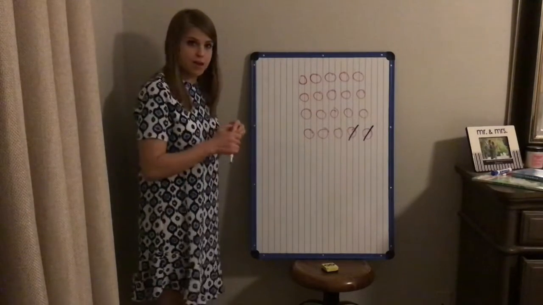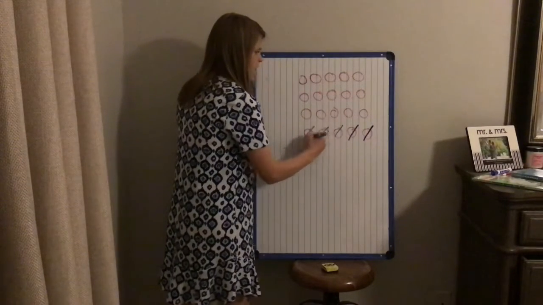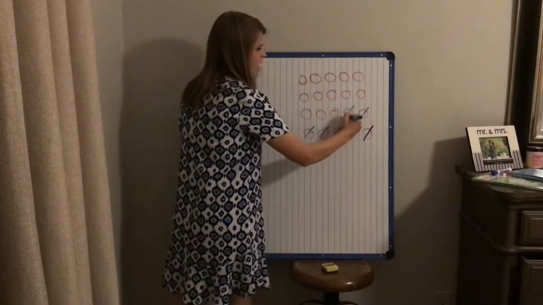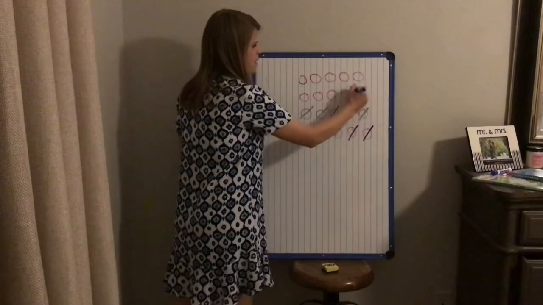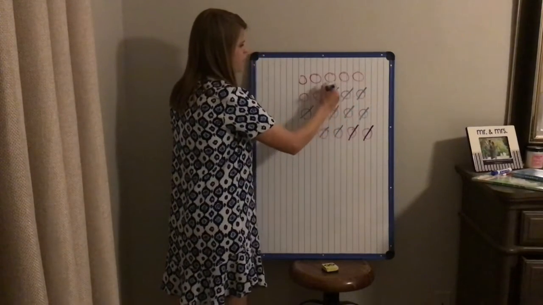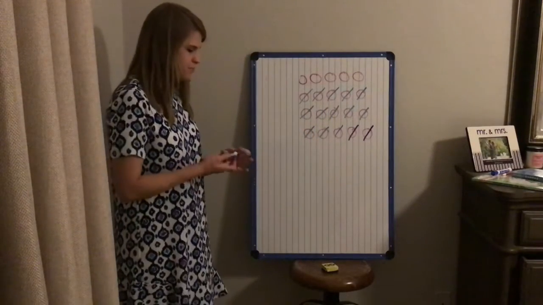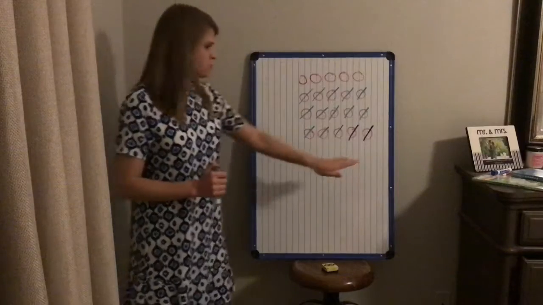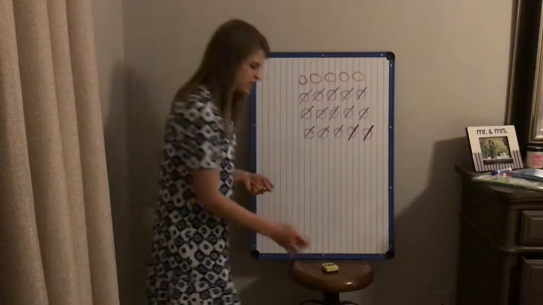So count with me. Are you ready? 1, 2, 3, 4, 5, 6, 7, 8, 9, 10, 11, 12, 13. All right. So now we've crossed out 2, the family bought 2, and we've crossed out 13 from the Boy Scouts.